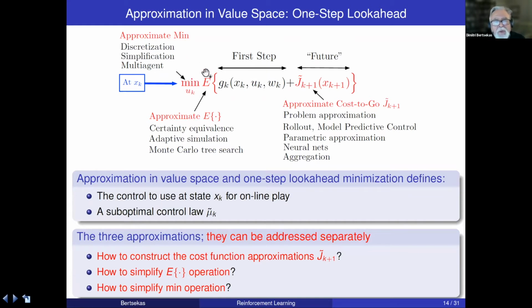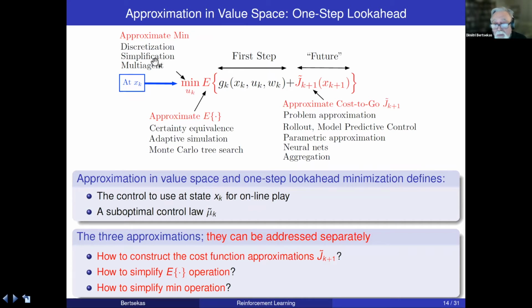Another possibility is to simplify this minimization in some way, and we're going to see that a major version of this type of idea applies to multi-agent problems, which have a particularly nasty control space involving the Cartesian product of components corresponding to different agents. We simplify the minimization using a one agent at a time type of minimization, and we're going to see that still we obtain a legitimate approximation in value space method.